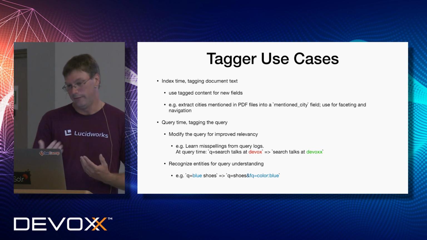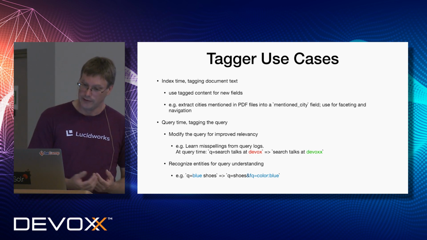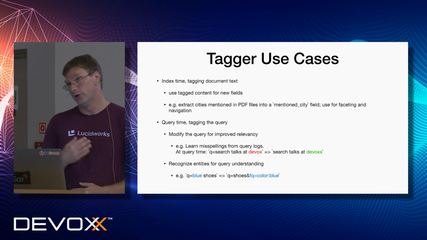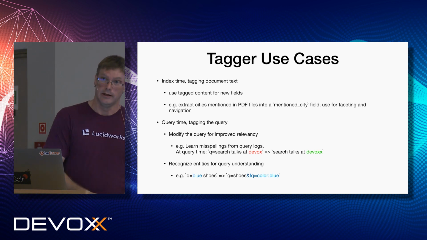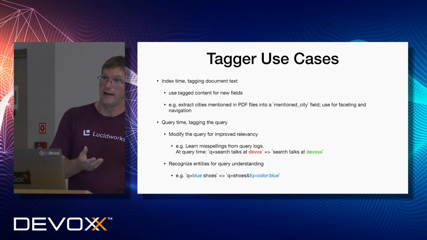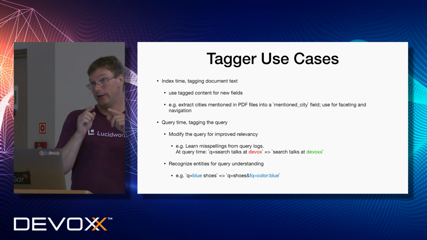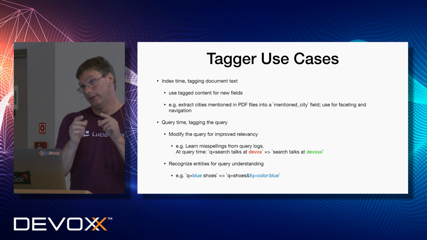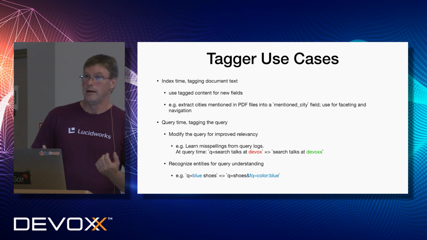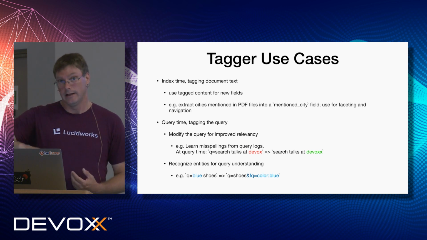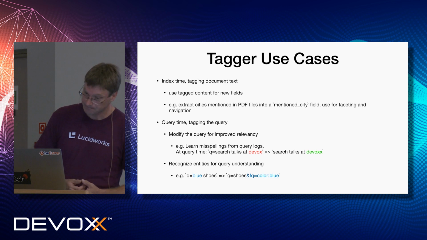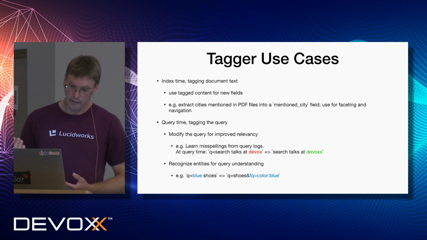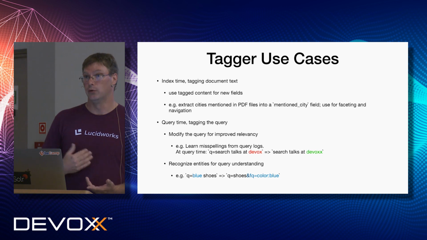And for example, if folks spell Devoxx with one X, and over time our machine learning jobs learn that Devoxx with one X really should have been Devoxx with two X's, our machine learning job will populate the tagger collection with a tag that just says Devoxx with one X is the tag, and another field in that tagger collection is what it really should be. And then there's a facility in the next stage of the query pipeline to do that query replacement.